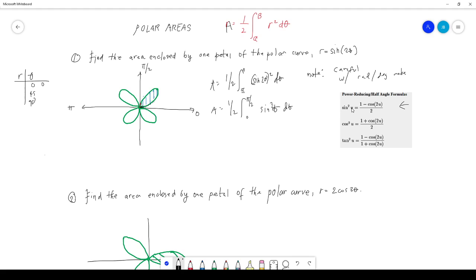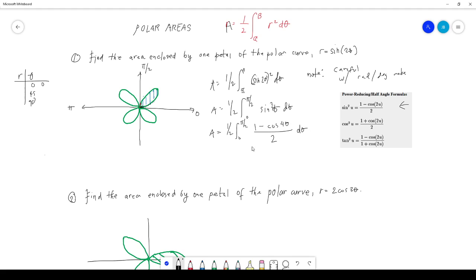So if we have sine squared u is equal to 1 minus cos 2u over 2, therefore sine squared 2 theta will just be equivalent to 1 minus cosine 4 theta over 2. Okay? And then, do not forget d theta.